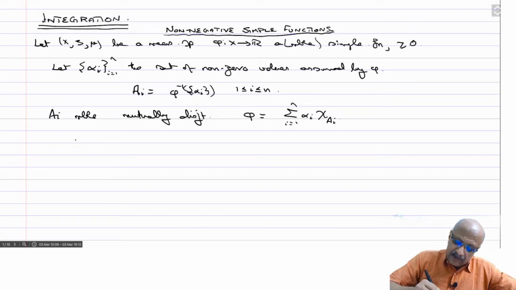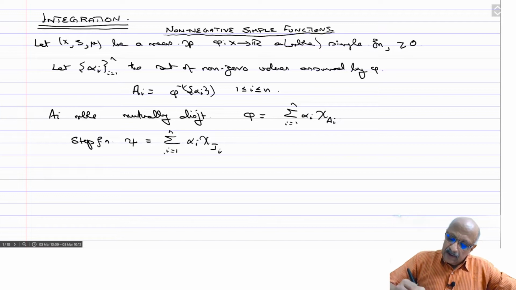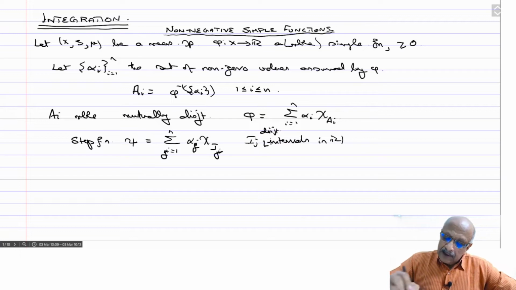Suppose you had a step function psi equals the sum of alpha_j chi of I_j, j equals 1 to n, so that not too many i's are around, where the I_j are disjoint intervals in R. Then how do you define the integral?